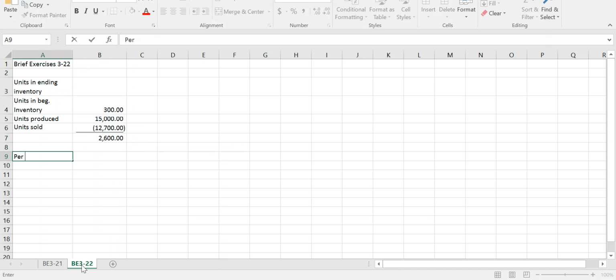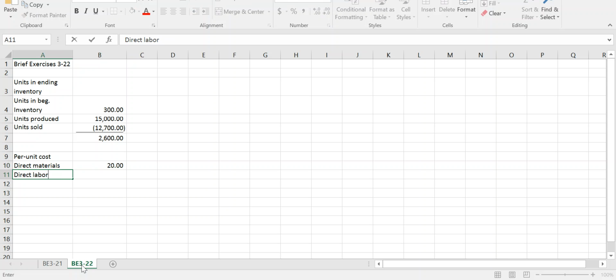But we need our per unit cost under variable costing. And so when they're looking for the per unit product cost under variable costing, we're only going to include the variable components of product cost. So our direct materials we know is variable because the more units we produce, the more materials we are going to need. So that's $20.